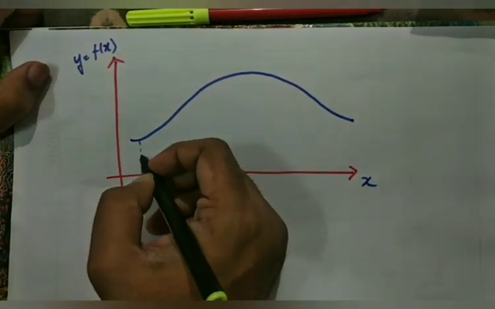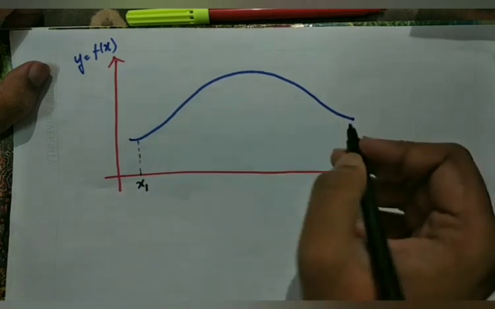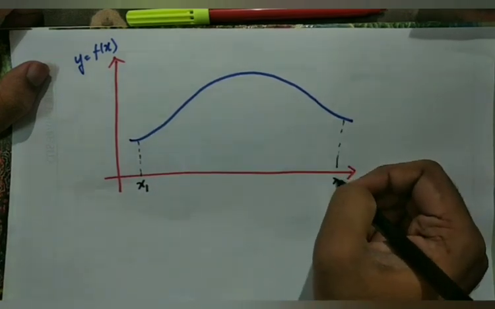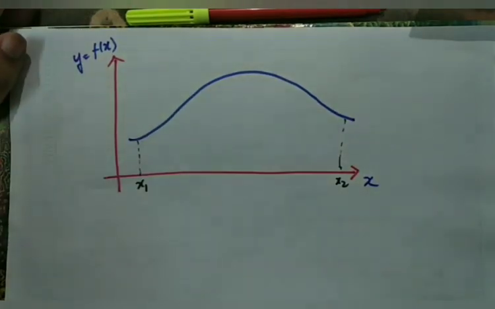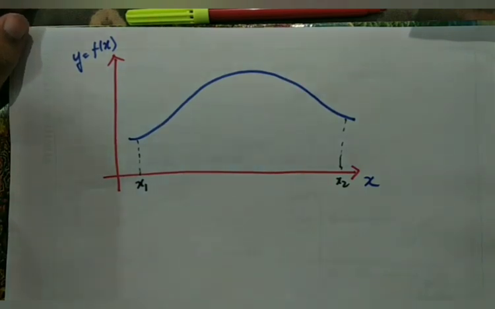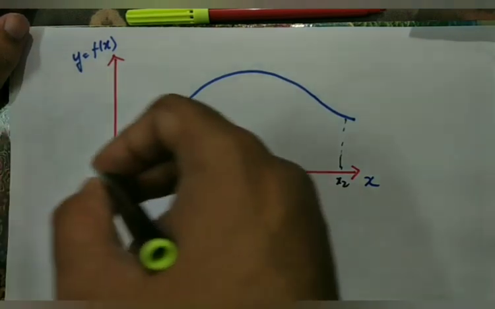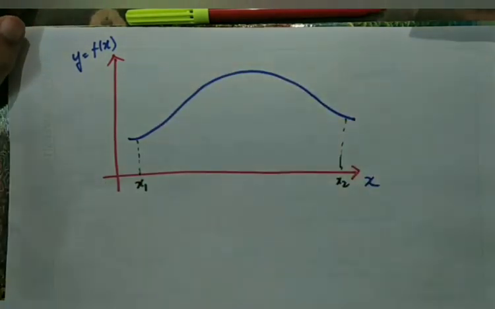Now we have an initial point that is x1 and the final point that is x2. What if I tell you to find the area under this curve? How will you do it?